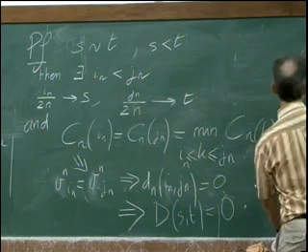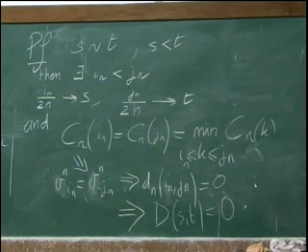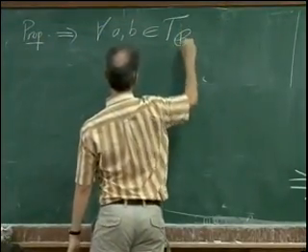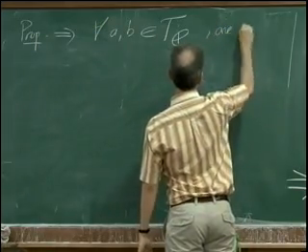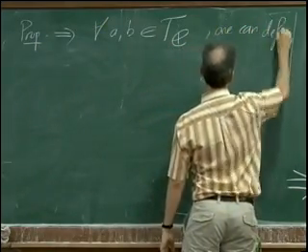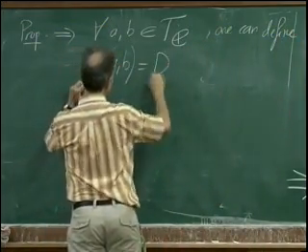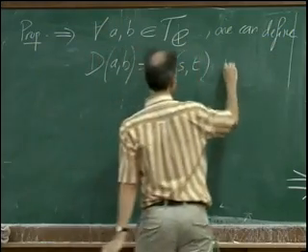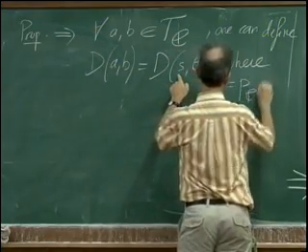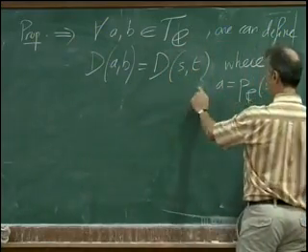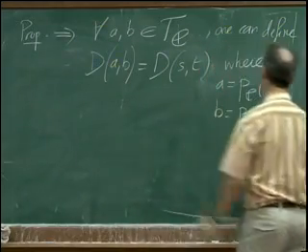Well, you observe that from the proposition, if you pick any two points in the CRT, one can define D of a, b equals D of s, t, where I choose a representative s of a in [0,1] and a representative t of b in [0,1].